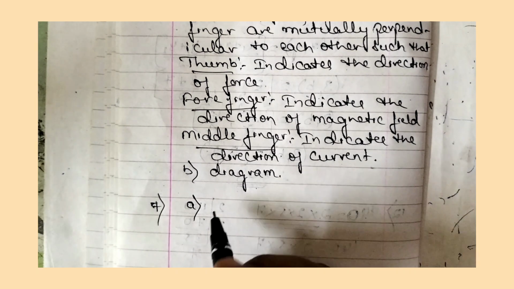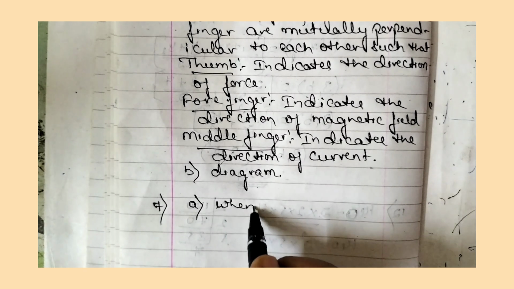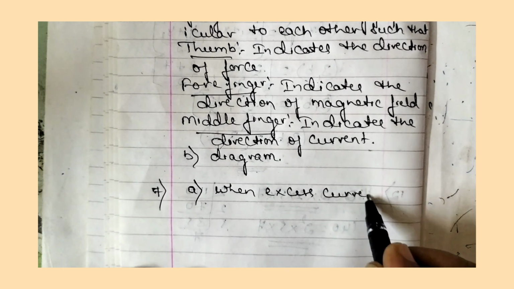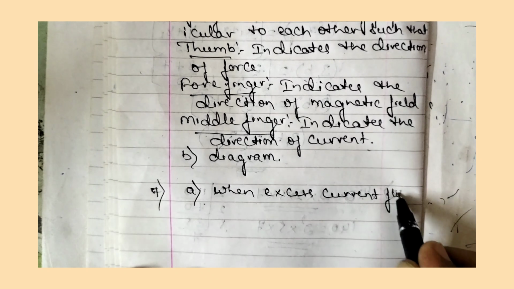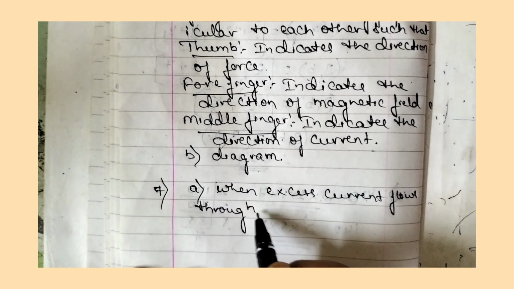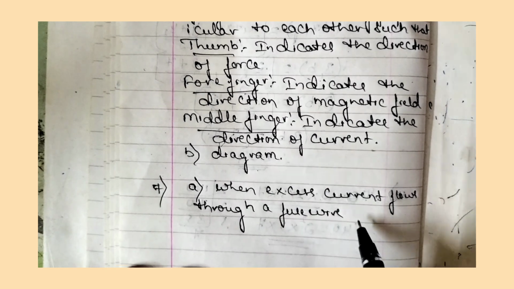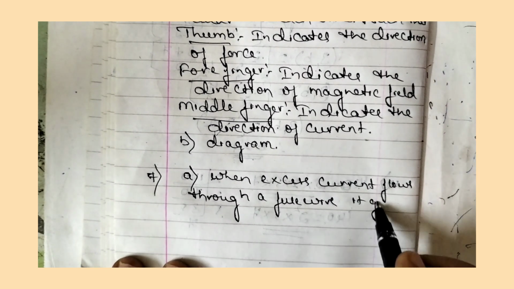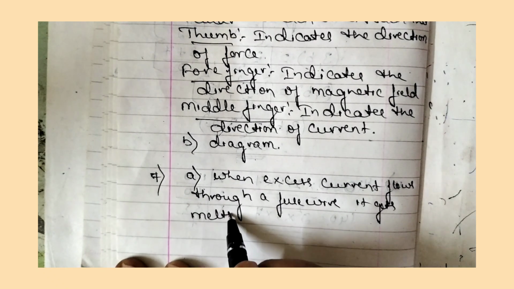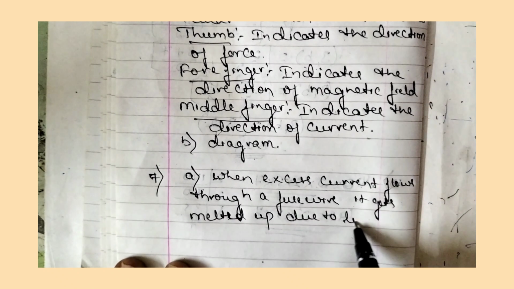So seventh A, what is the function of fuse? When excess current flows through a fuse wire, it gets melted due to its low melting point.